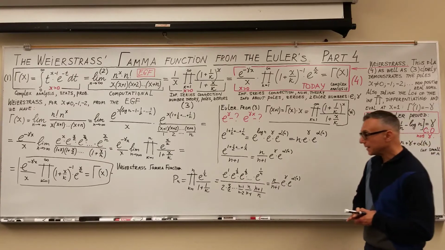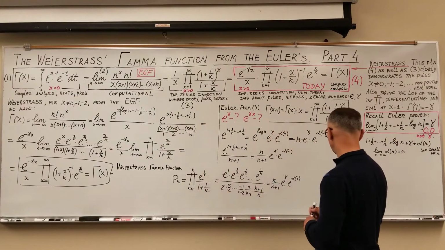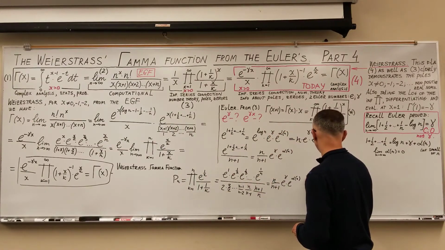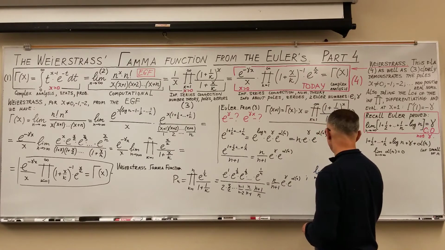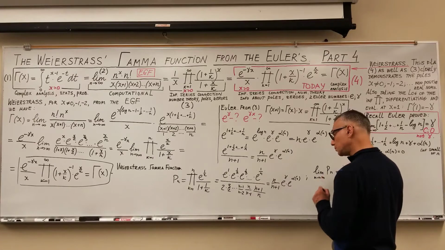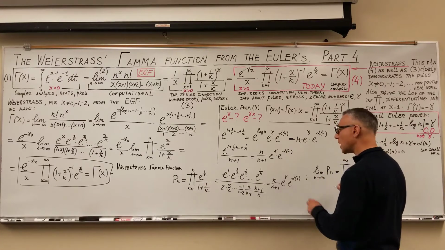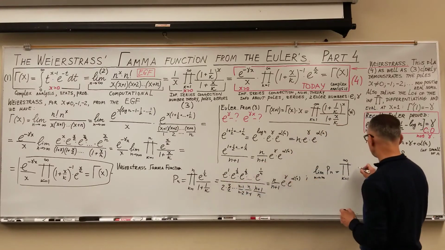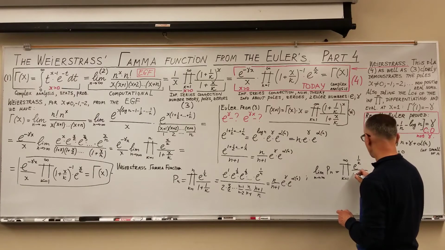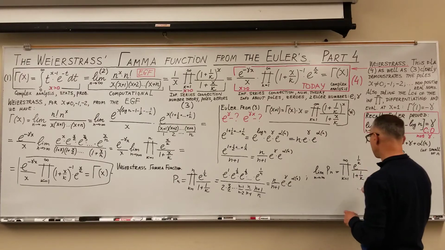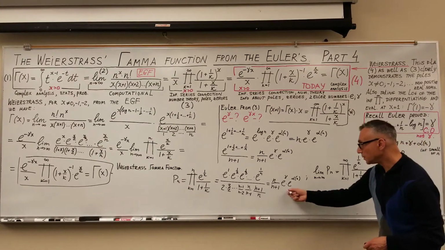Now, if I take the limit of this partial product when n goes to infinity, I'll get an infinite product, which means that the limit of Pn as n goes to infinity is equal to the infinite product, k runs from 1 to infinity, of the same general term, 1 plus 1 over k, and it's equal to the limit of that.